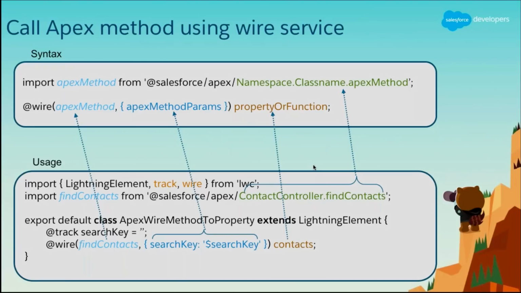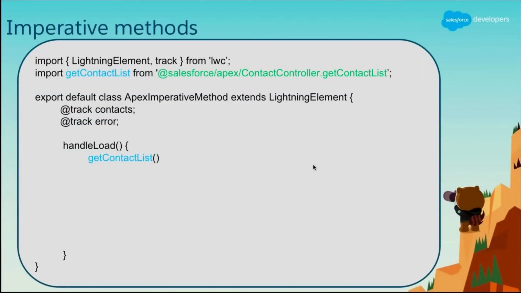Sure. Now let's see how we can call the Apex methods imperatively. So for that again, you need to import the module. Now that we should have digested by this time, Shashank. So whatever we want to use, we are going to import it first, and then we are going to use it. So here I'm importing a method called getContactList from the contact controller class.